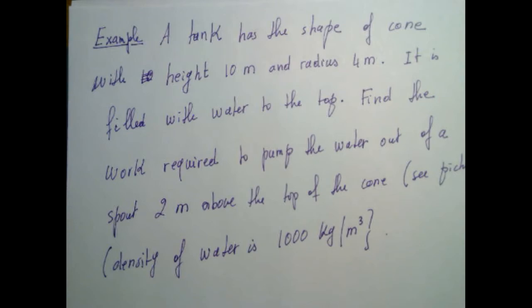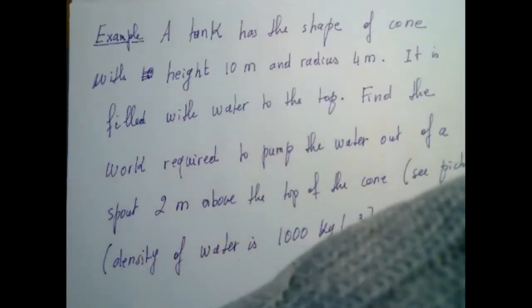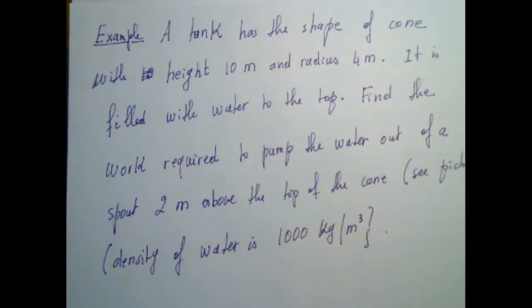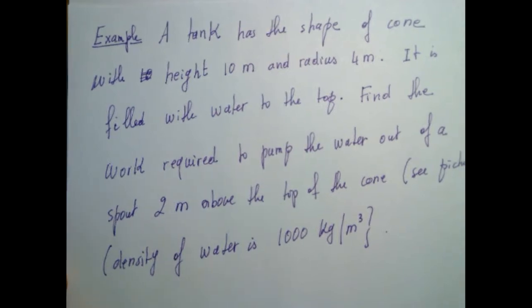I will draw the picture to make the cone well understood. The density of water is 1,000 kilograms per meter cubed. And remember, kilograms is a unit of mass, not a unit of weight. So I'll let you write, and then I'll draw the picture, and we go from there.